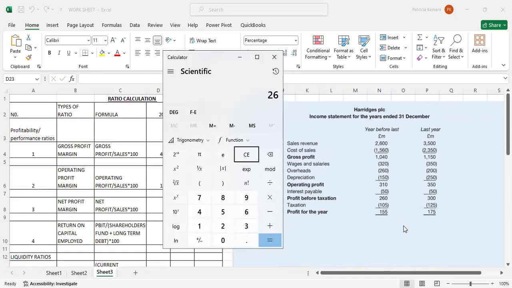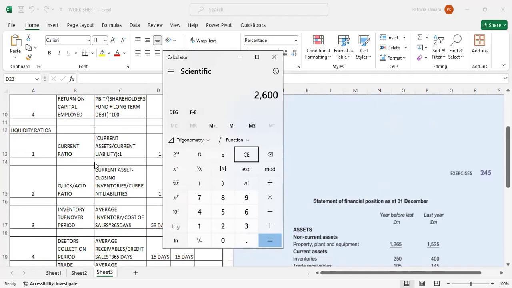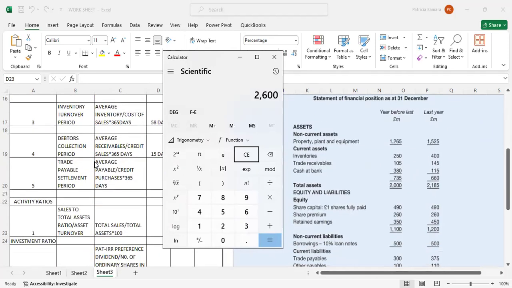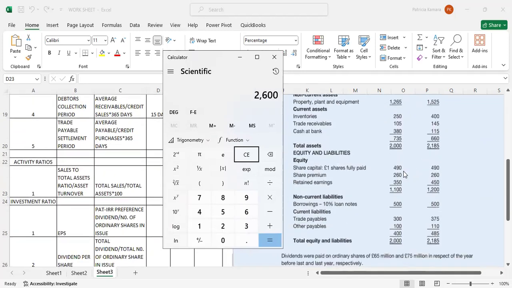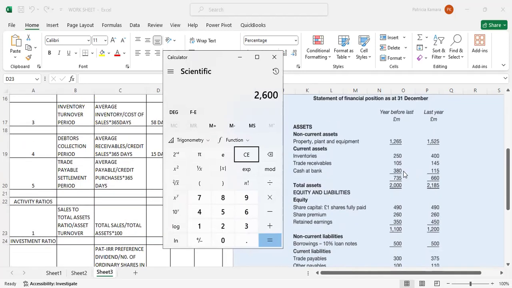So 2,600 for 2022, over total assets. Total assets are both current assets and non-current assets, which here is 2,000, times 100.